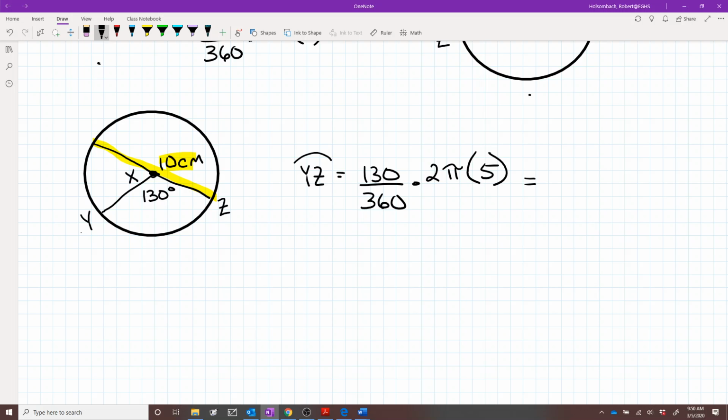Again, it's a calculator problem, and I get 11.34. Since the radius was in centimeters, the length of this arc is in centimeters as well.